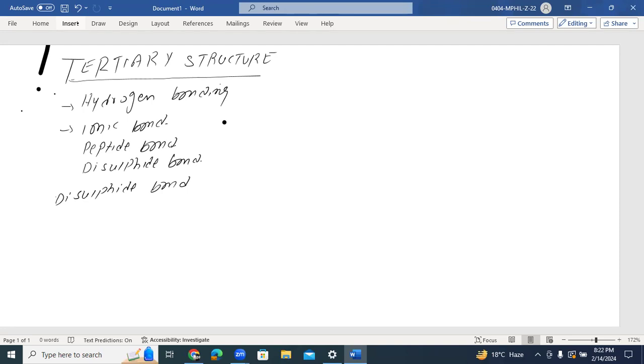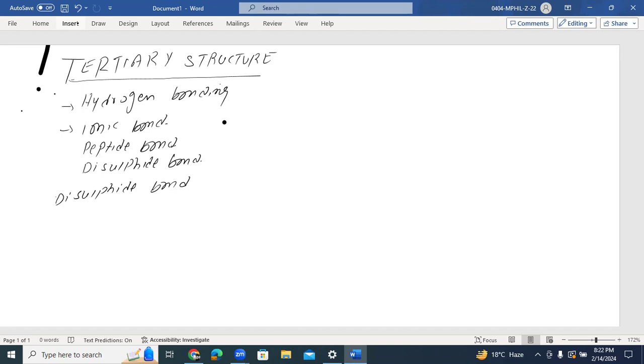So this bond will form in the tertiary structure, specifically where there is an amino acid that has sulfur in itself as an element. So definitely this sulfur should be present in the amino acid. That's why that amino acid will be able to form this sort of bonding.